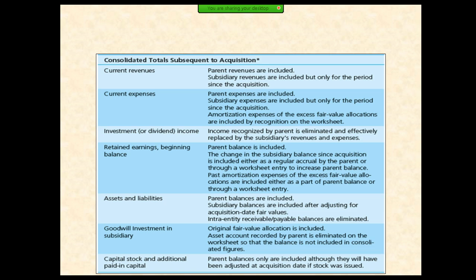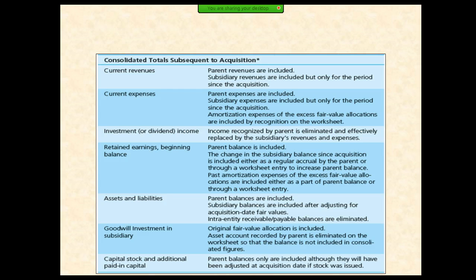Then the goodwill in the investment, the original value is included, and basically we have to eliminate that investment account so that that balance isn't part of all of our consolidated figures here.